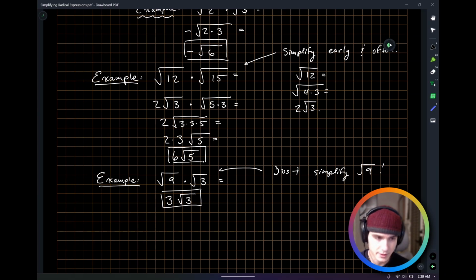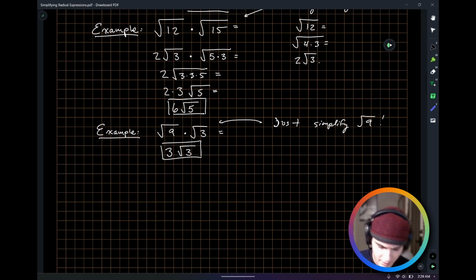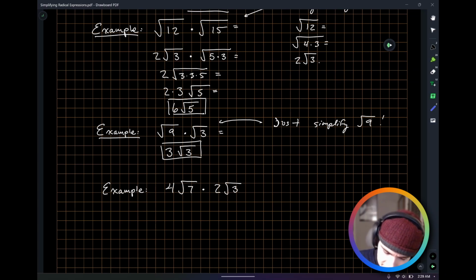Now, I didn't really cover a good example of this, but just in general, let me come up with another one. Example. Things that just won't work out. 4 root 7 times 2 times the square root of 3.